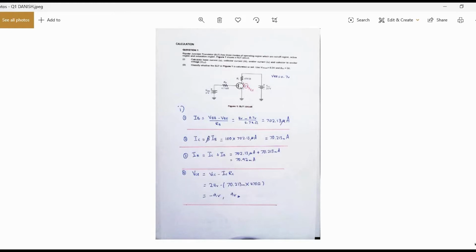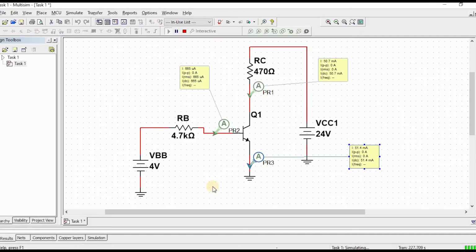We can compare it to the one that has been done in the simulation. So the IC is 50.7 milliampere, the IE is 51.4 milliampere, and the IB is 665 microampere.